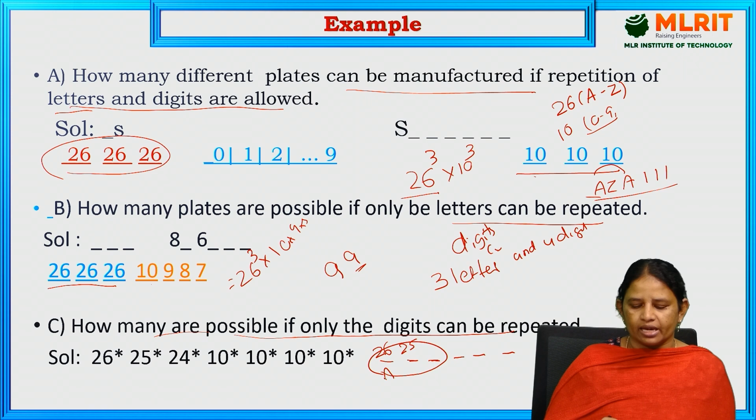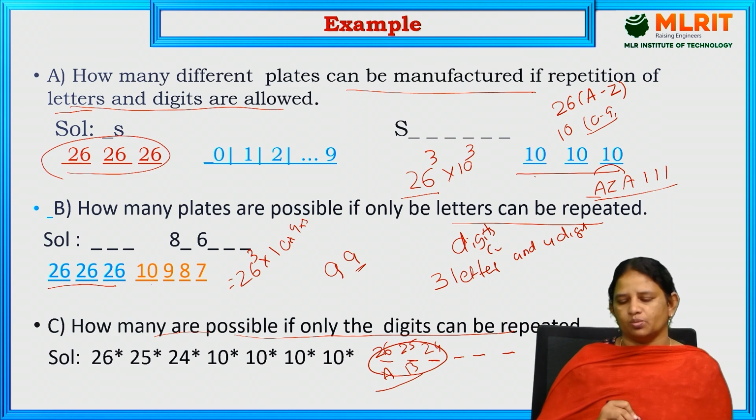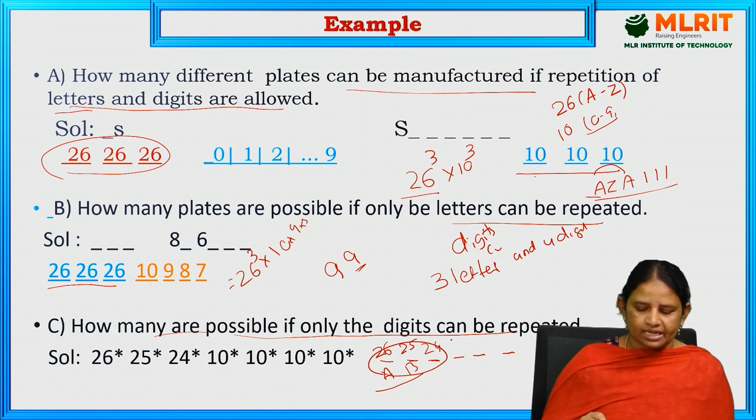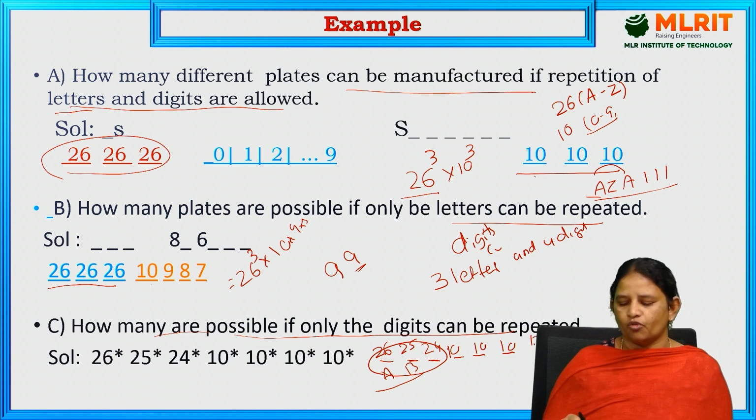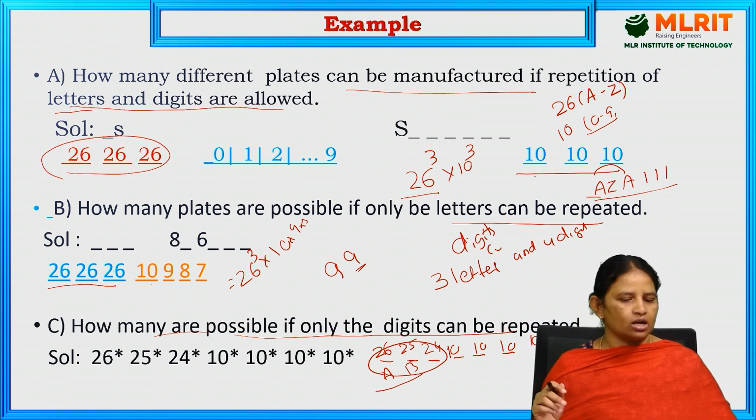Don't use A, B again, so the next one has only 24 possibilities. But digits can be repeated, so you can use the same digit in all 4 places.